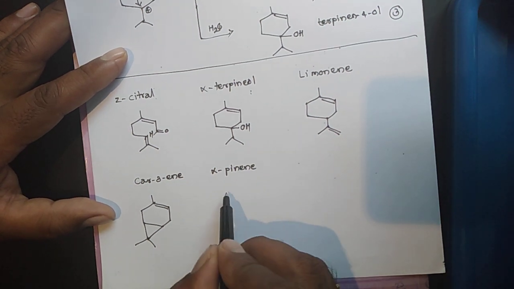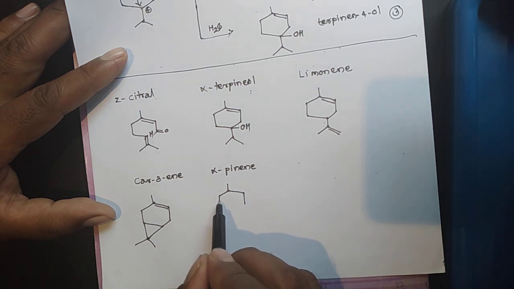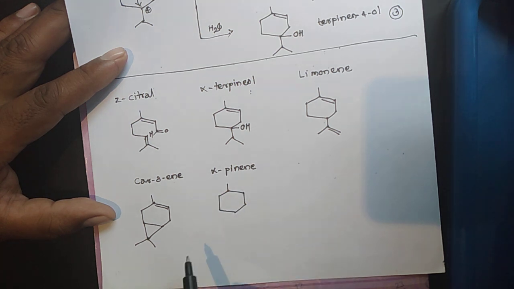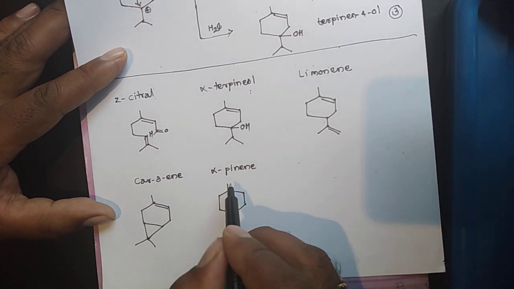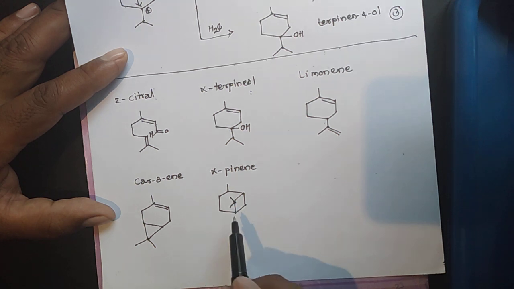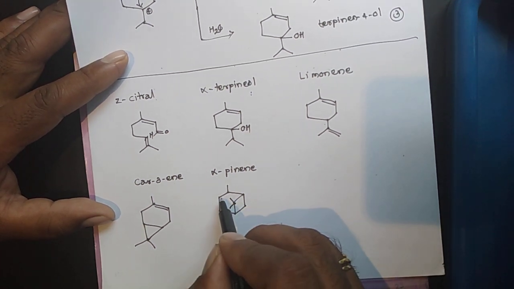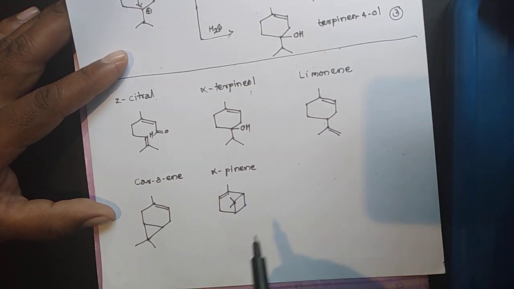Alpha pinene. How can we write down alpha pinene? Draw the basic structure first. The pinene structure is like this, based on the pinyl cation you can imagine it. So if the double bond is here, this is alpha pinene.